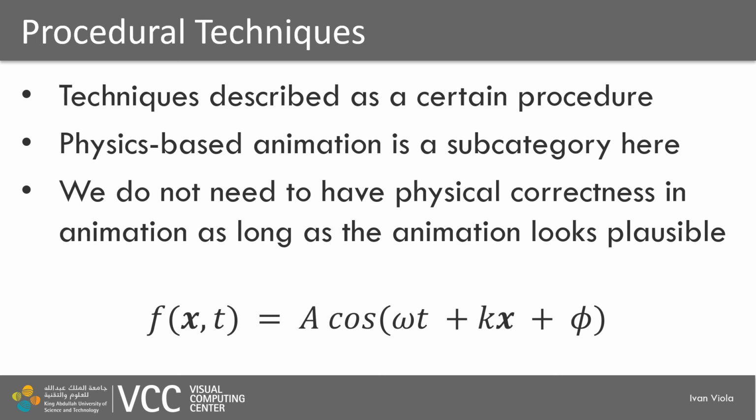And these can be physics-based, and then we are talking about some physics-based animation using forces and having a dynamical system, or it could be kinematic-based, where we are having a certain equation defining our kinematics. Like, for example, here we have a description of a wave.